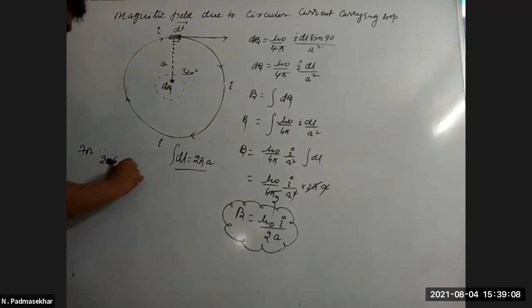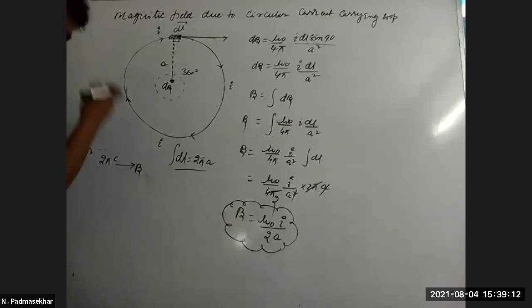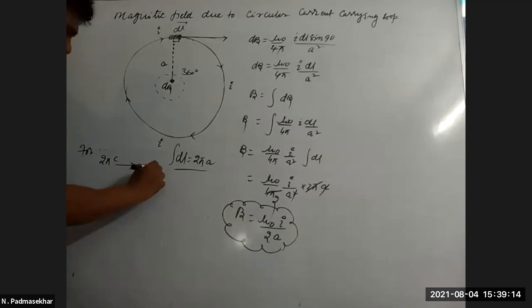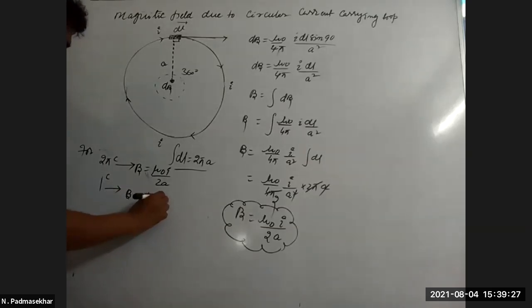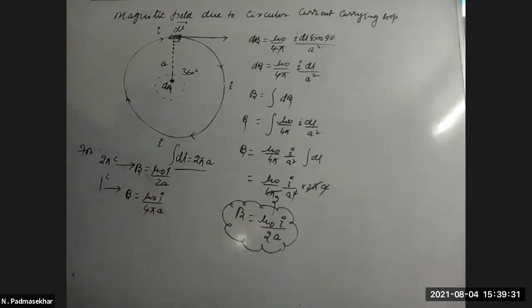So what is the magnetic field? For 2 pi radians, B is equal to mu naught I by 2a. So for 1 radian, B is equal to mu naught I by 4 pi a.